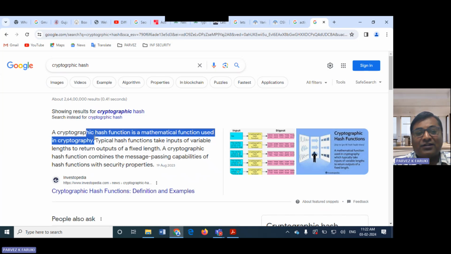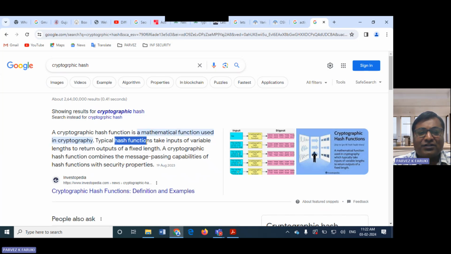It's a one-way function. A hash function takes a variable-size input, a file of any size, and it will always return an output of some fixed length. And we call that a cryptographic hash function.